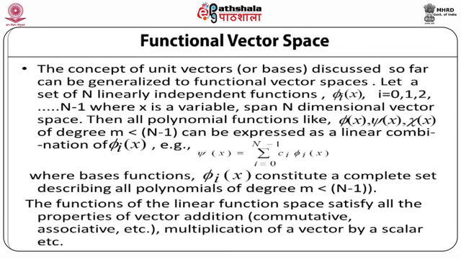Let a set of n linearly independent functions phi_i(x), that is phi_i as a function of x, where i goes from 0, 1, 2, and so on till n minus 1, and where x is a variable, span the n-dimensional vector space.